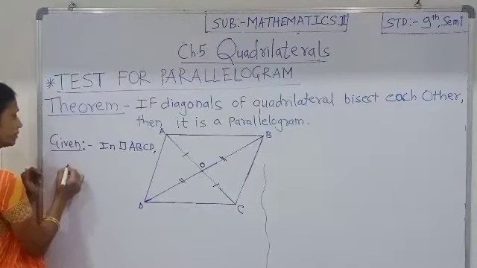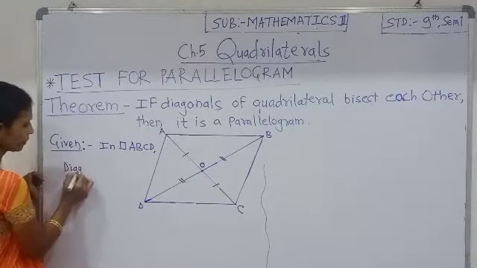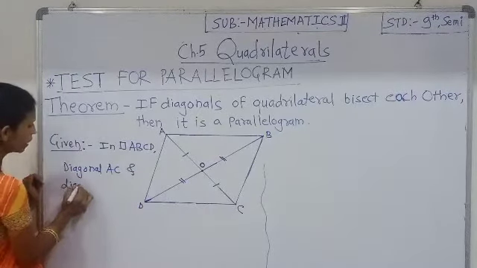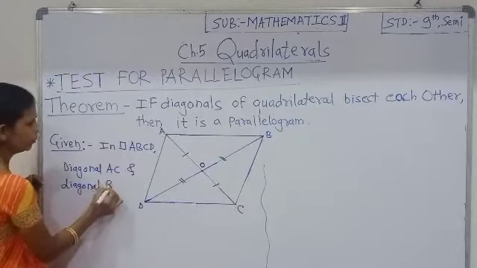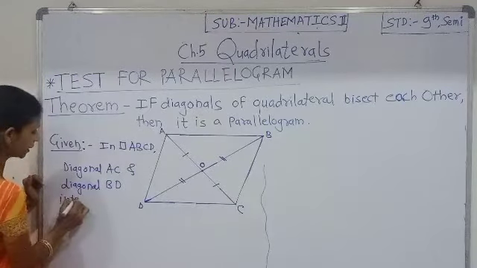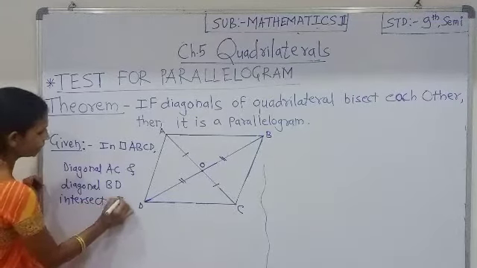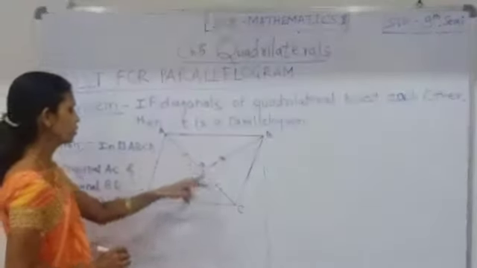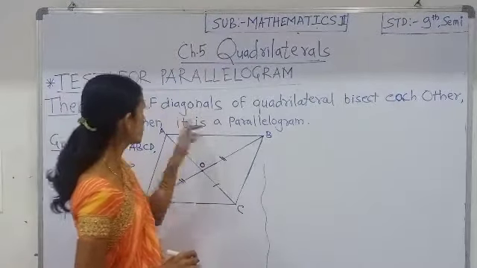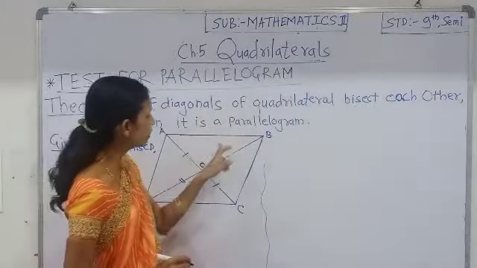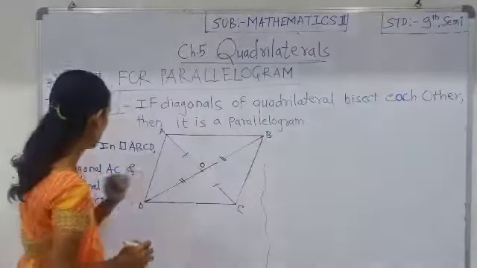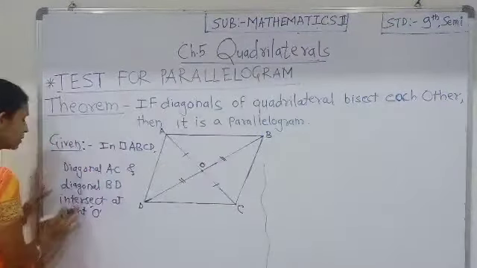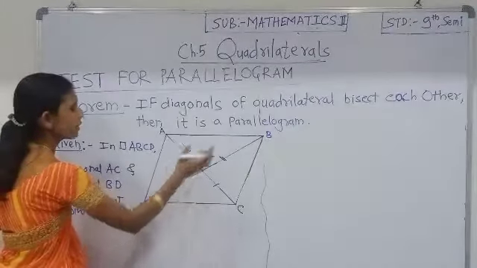Diagonal AC and diagonal BD intersect at point O, and the diagonals of this quadrilateral bisect each other.